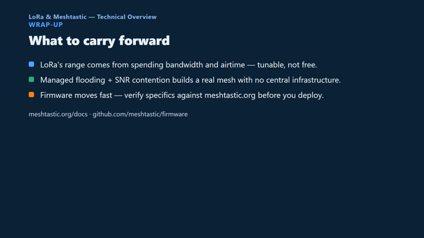And the encryption model is honest about its own limits, strong where it's strong, and explicitly, deliberately open about traffic metadata and local access. Go verify the specifics that matter for your deployment against the current meshtastic.org documentation before you build on them. This project ships fast, and today's numbers may already have moved by the time you're watching this.